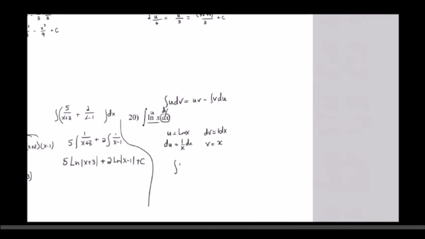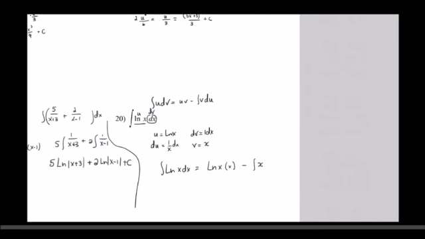So the antiderivative of natural log of x equals u times v minus the integral of v times du. And then here, x times 1 over x is just 1. So I'm going to write this a little bit differently.